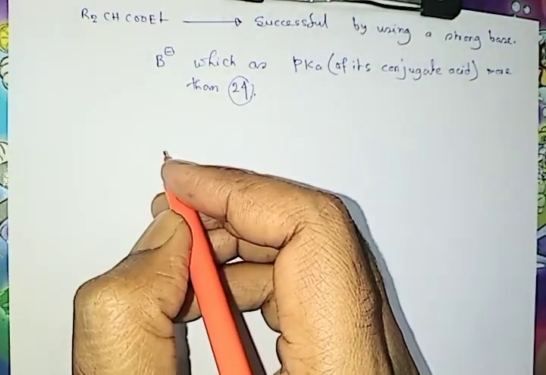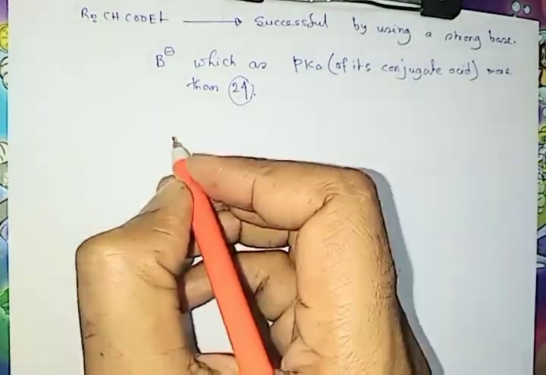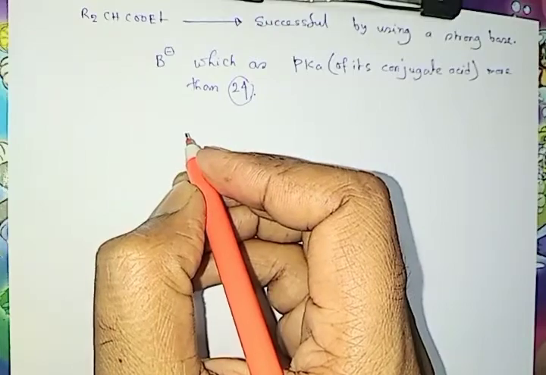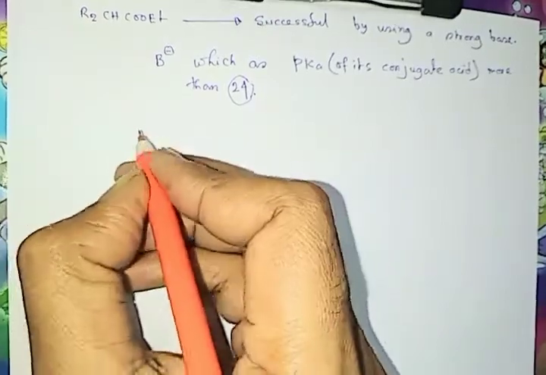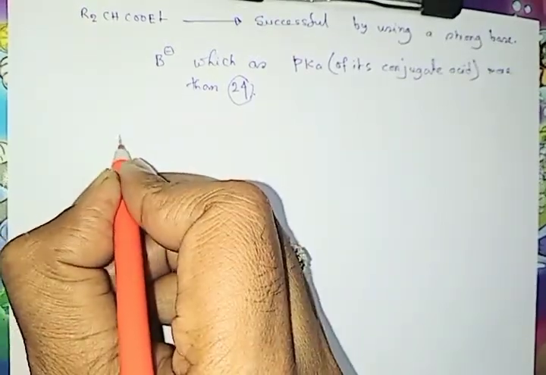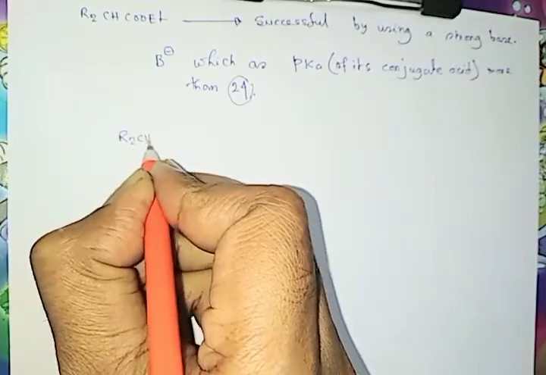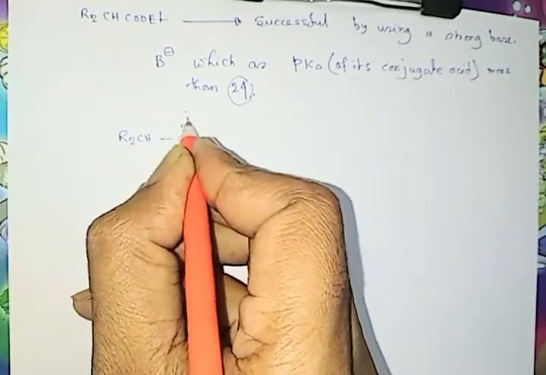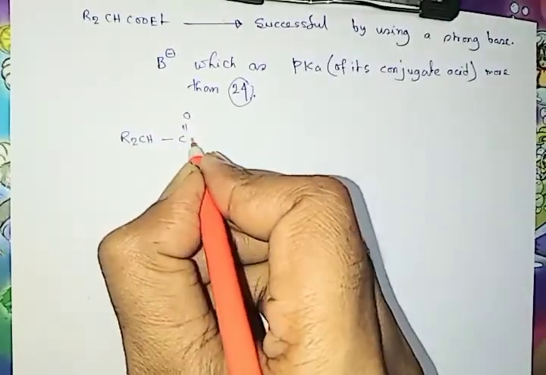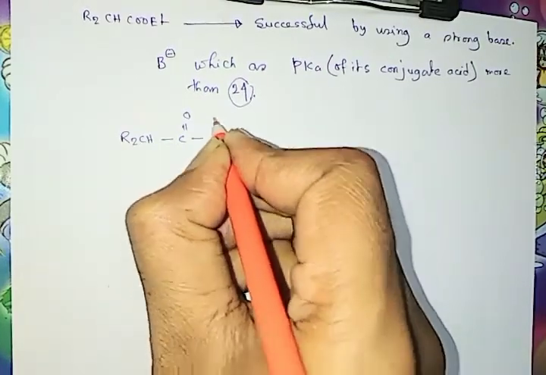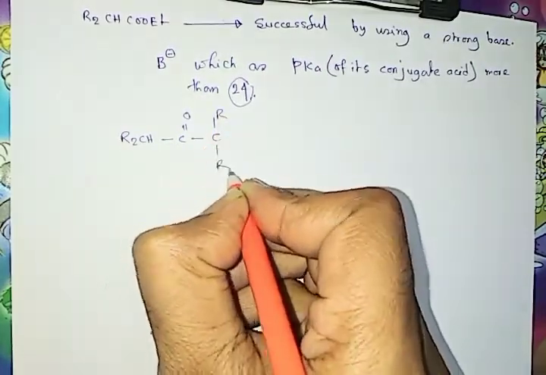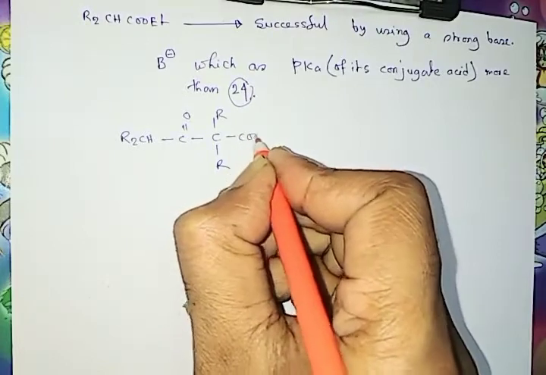salt formation can also occur by abstracting a different proton, that is R2CH C double bond O CR2 COOEt.